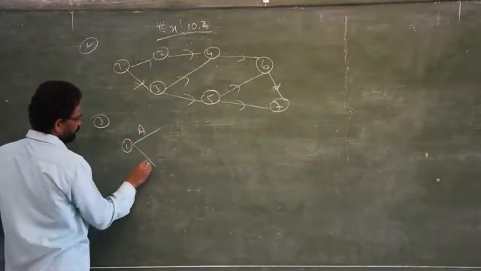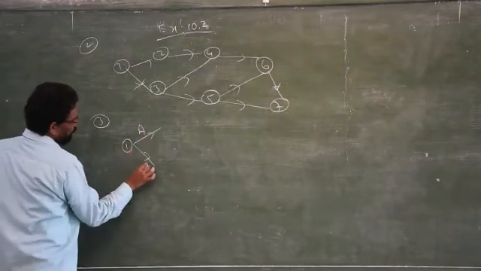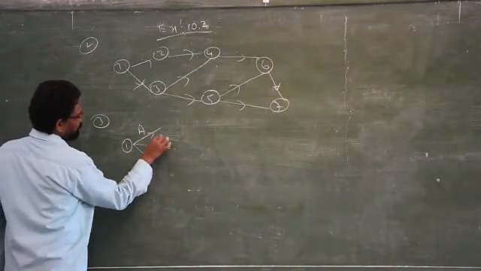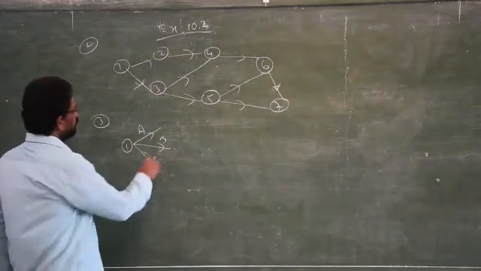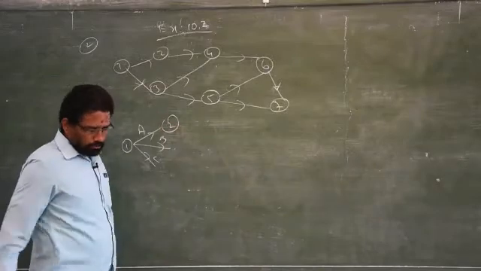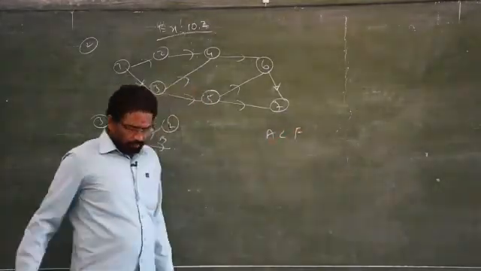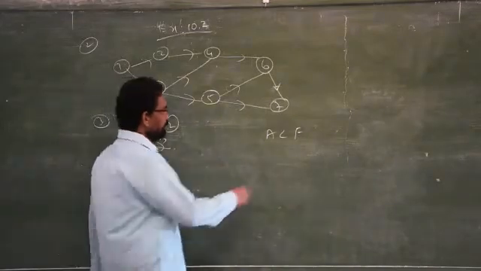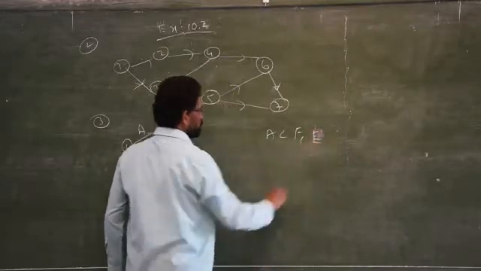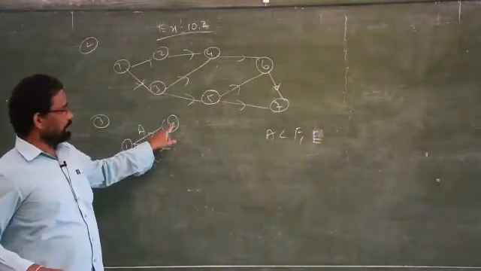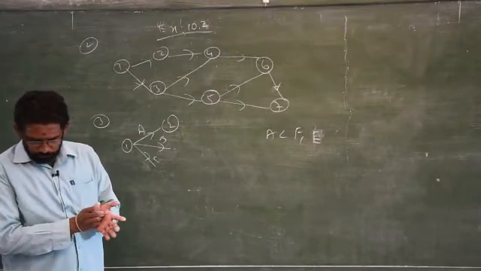So 1, this is A, this is B, A, B, C, then 2, it is reached 2. What is given? After completing the activities A, then from A you have to start which ones?